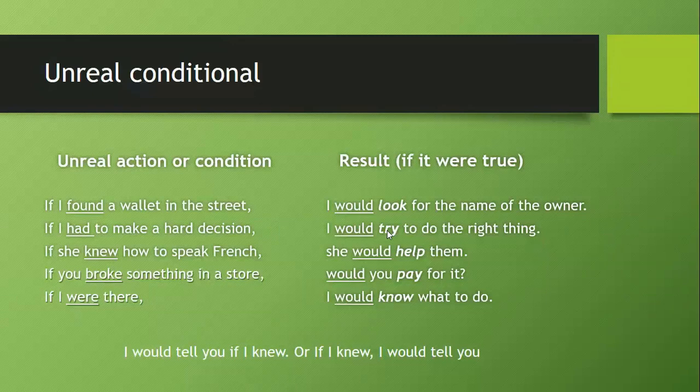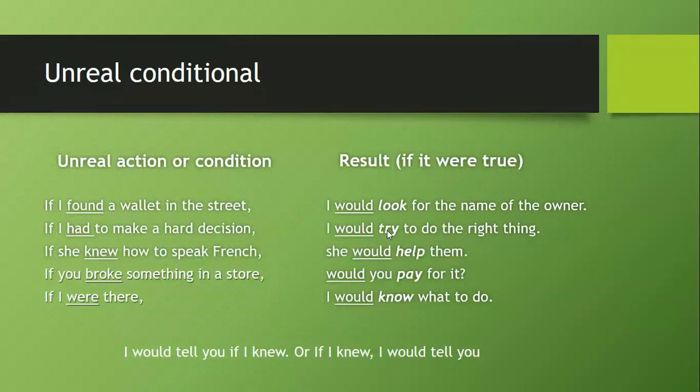Here we have a game with real and unreal conditionals, okay? But please do not get confused, because later you can check different forms to do them. Actually, we are going to work more on unreal conditionals, because real conditionals are very easy. You just need to use simple present and future. That's all.